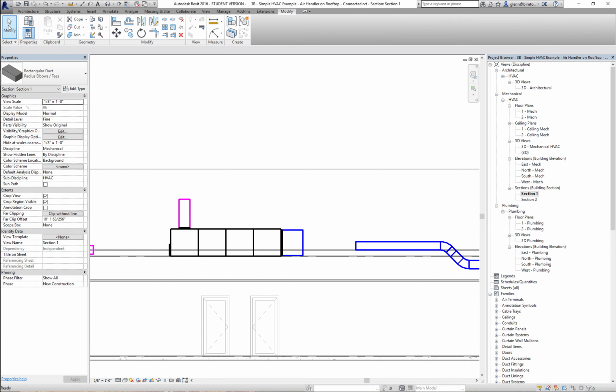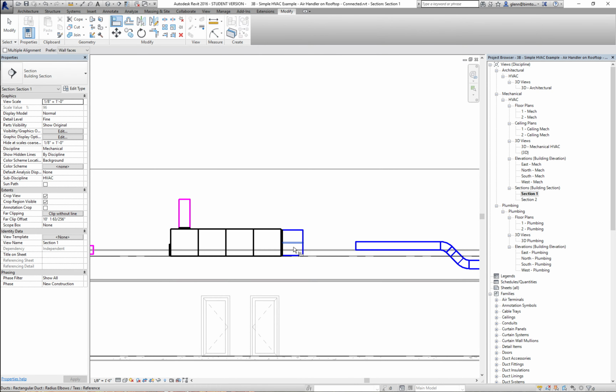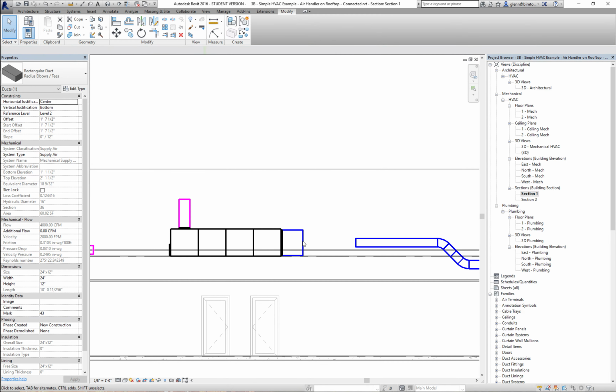Fix that for me when I was doing it from the plan view. From this view, if I was going to join them here, I would probably align them vertically. So let's see if I can get those, and then try pulling that out.